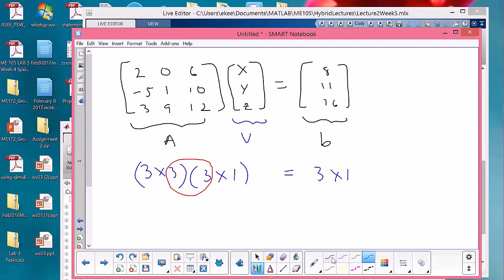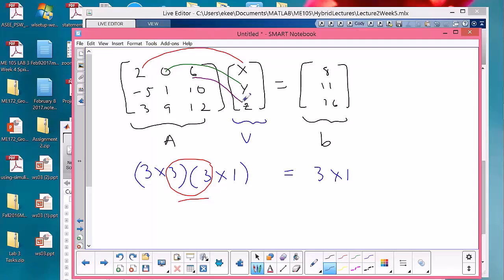So now we're just going backward. If I want to generate the equations, I hope everybody can see it. Because the matrices conform, the number of rows of the second one is the same as the number of columns of the first one. How do I proceed? I hope you remember you do this. 2 times x. The next one will be 0 times y. And the last one will be 6 times z.